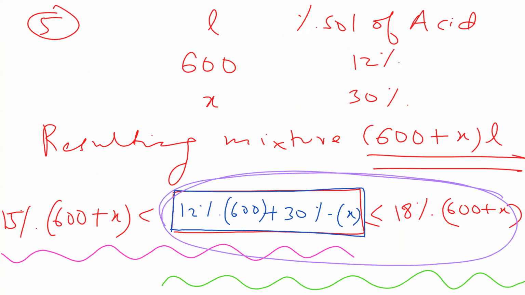Write case 2, solve this and tell me the answer. So x is lesser than 150. I think you need to check your answer. 72 plus 30% of x less than 108. Oh sorry, I wrote 18% instead of 72.